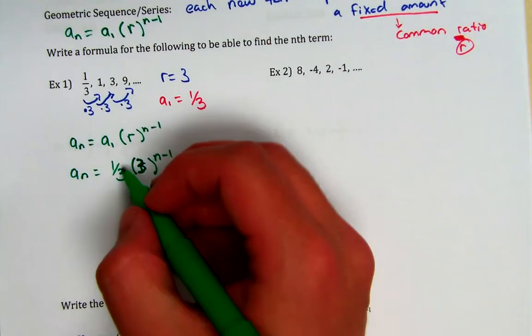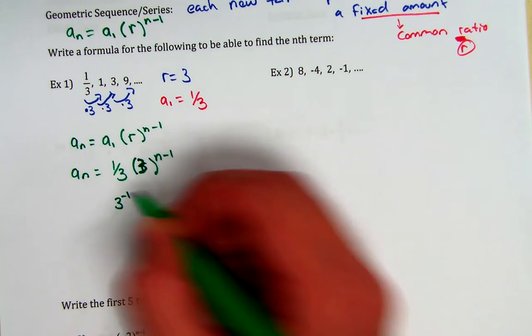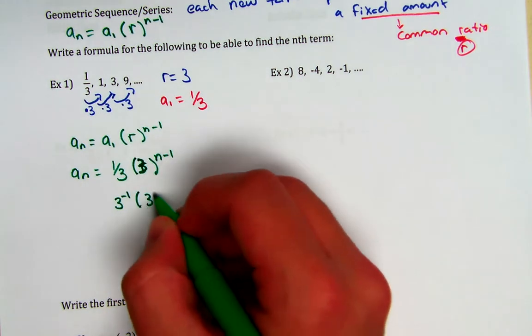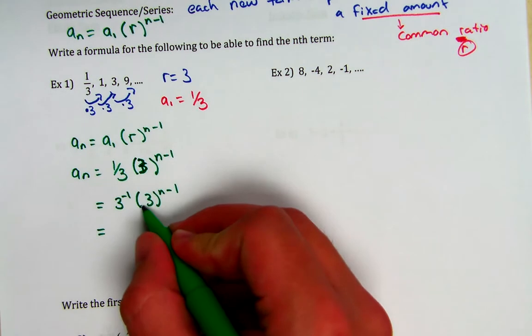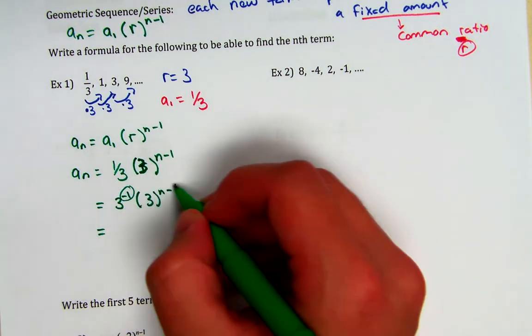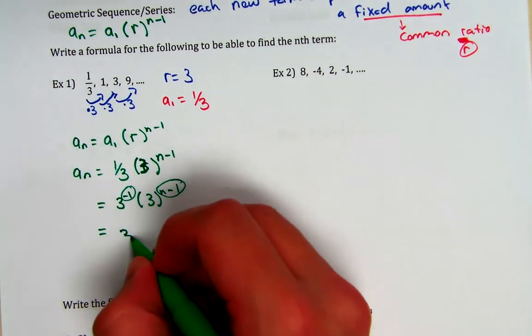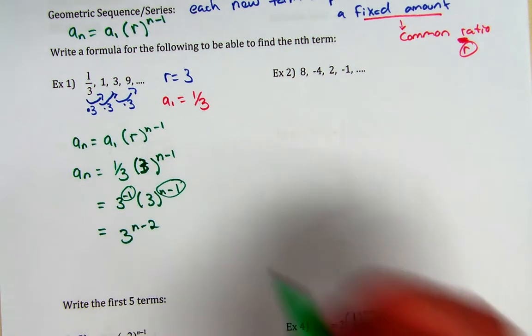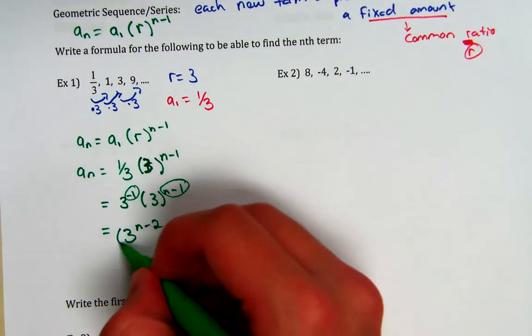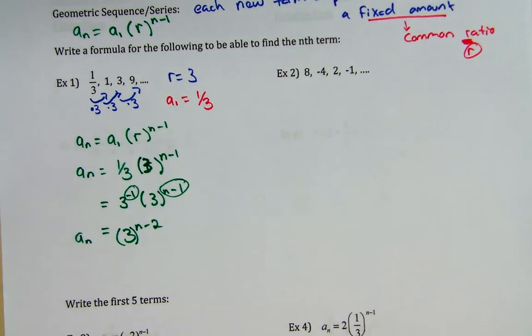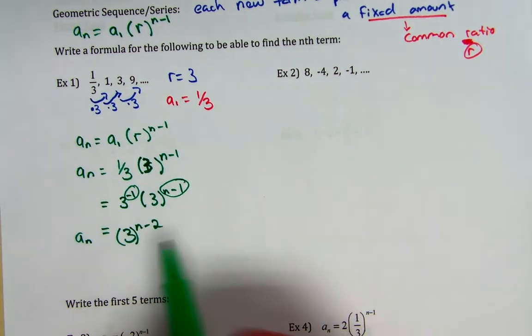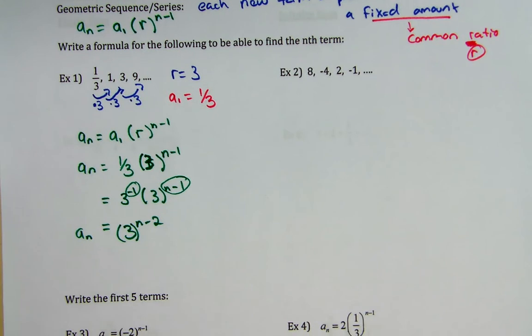And what I mean by that is 1/3 becomes 3 to the negative 1 times 3 to the n minus 1. And then we have exponents that we can add here. We can take these exponents, add them together, and get 3 to the n minus 2. So if you can do that, then you should, if it's easy to do. If it's not, I'm not going to be overly dramatic about whether or not you're there or not.